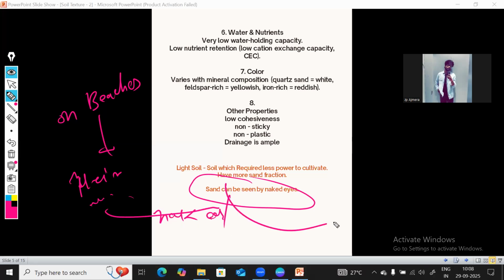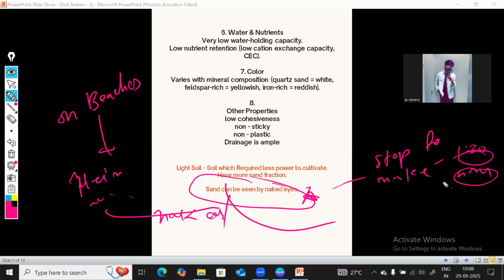So we should stop here, otherwise the lecture will go too long. I don't want to make it more complicated for you. People can sit for half an hour, but they don't want to go for one and a half hours.